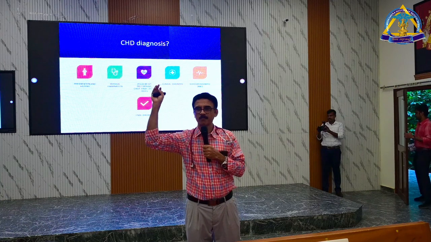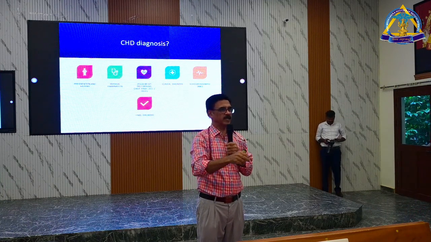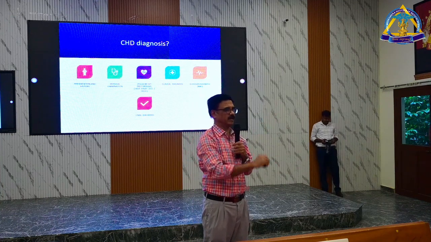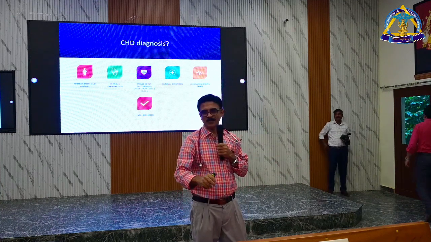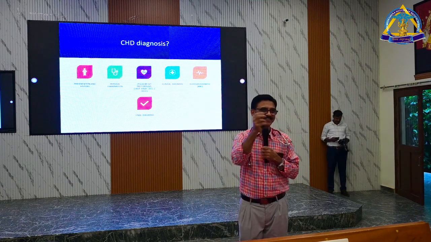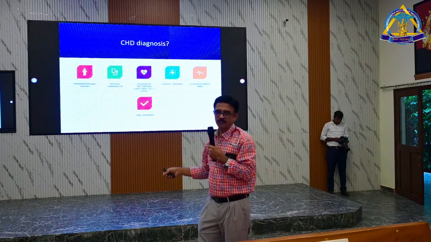So if you are getting a murmur, you cannot identify what it is, but you put a diagnosis of VSD, you are on the right side with 50% chance. So your task is to find out at least one murmur. That is the thing. So then you can diagnose. So that is about the physical examination.